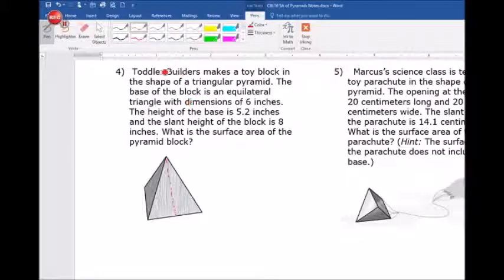Now, it does say the height of the base. So one of the things I want to do is I notice it's a triangular pyramid, which means it's going to have a triangular base. It says it was an equilateral triangle. So I'm going to do my best to make that an equilateral triangle. The dimensions are 6, so that tells me that each one of these sides is 6. It says that the height of it is 5.2.